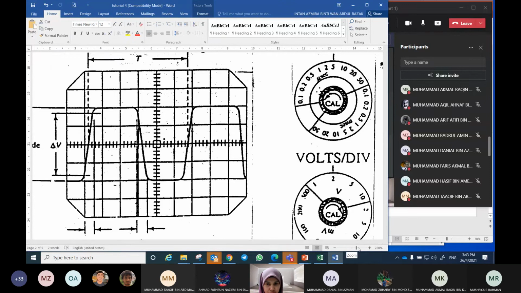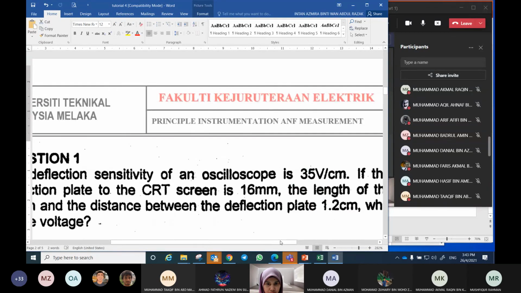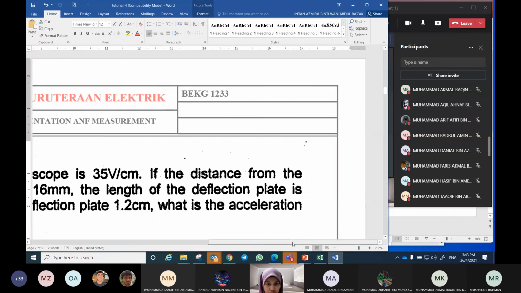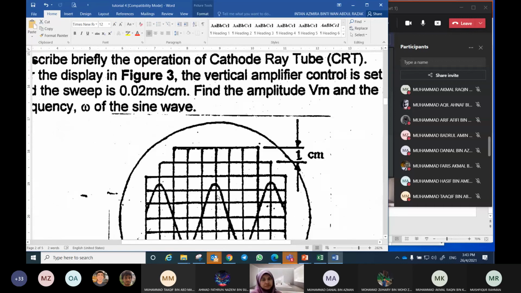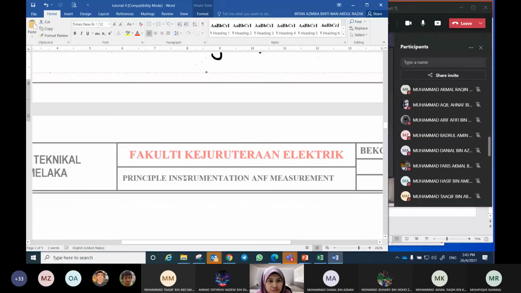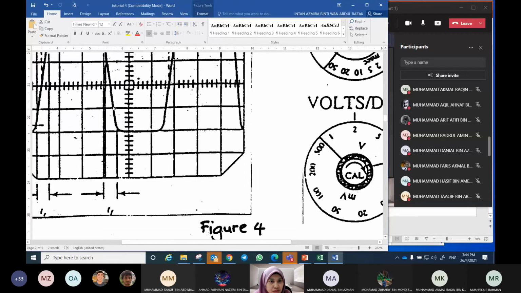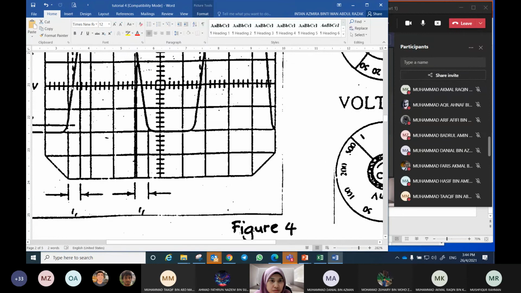Oh, so one small box is 0.2. Yes, because one box represents one division.